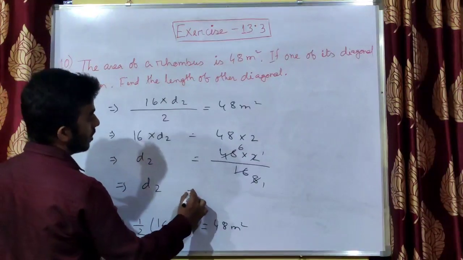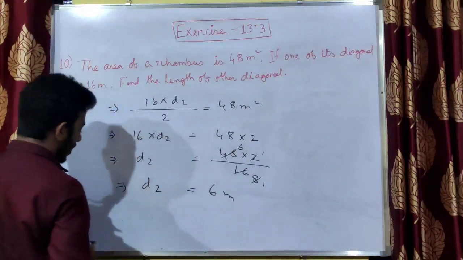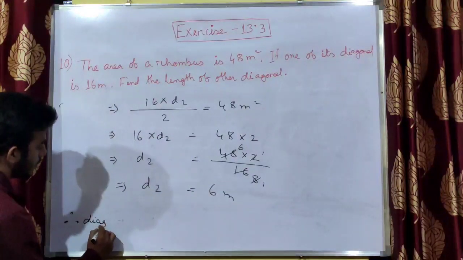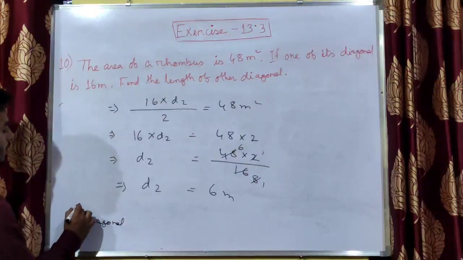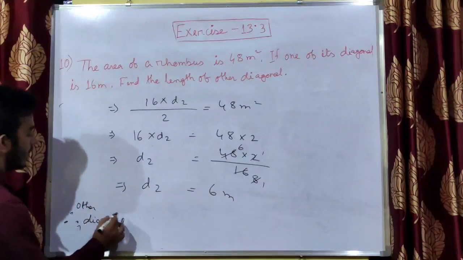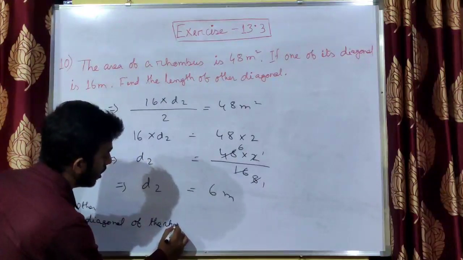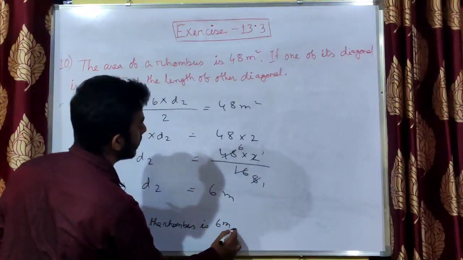Therefore, D2 equals 6 meter. So at last we will write therefore, the other diagonal of the rhombus is 6 meter, right.